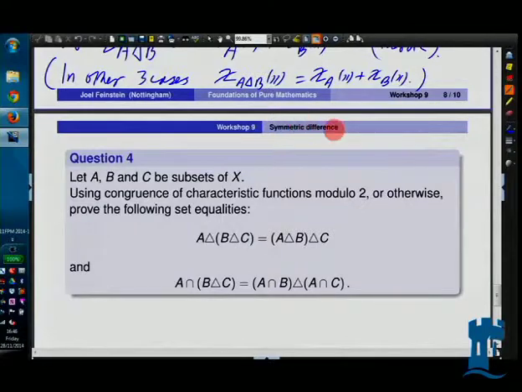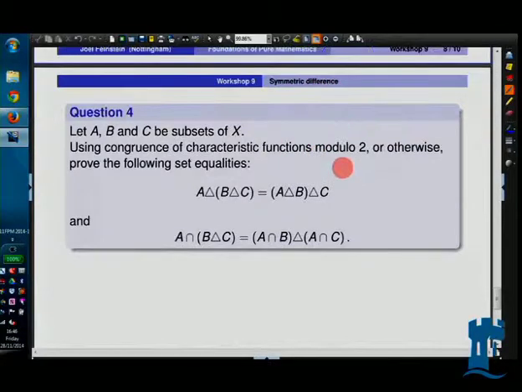So I don't think you're going to have time to do this, so let me sketch why question 4 works. Some of you may have already done it. It says using congruence of characteristic functions modulo 2 or otherwise. Now, I have to tell you, if you can do it with Venn diagrams, and it's not bad if you get it right.